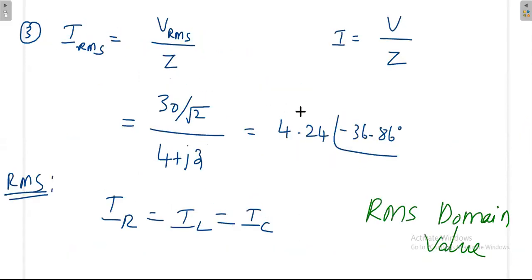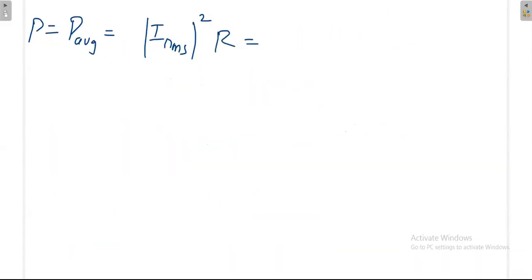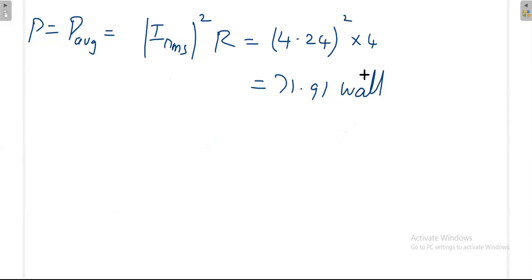The I RMS value is 4.24. Modulus only I need, I don't need this angle. So 4.24 whole square into 4, that is 71.91 watt. This is the average power or original power or true power.